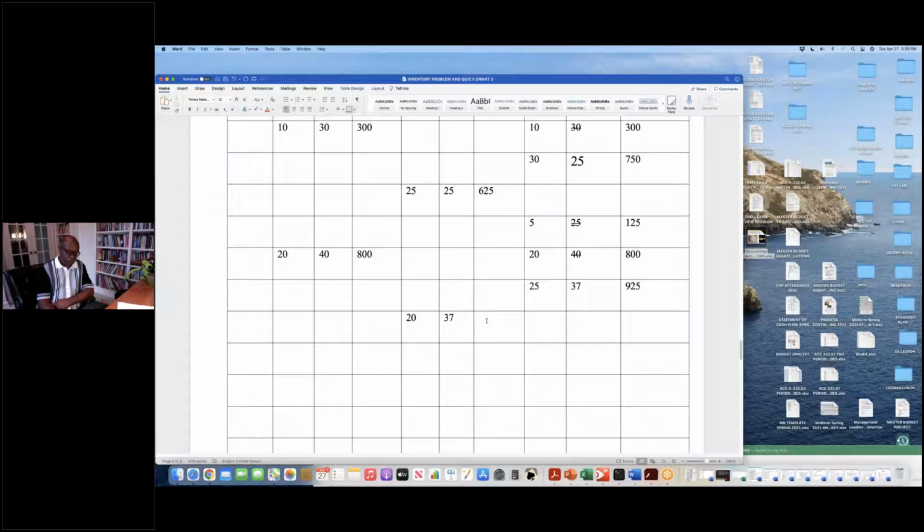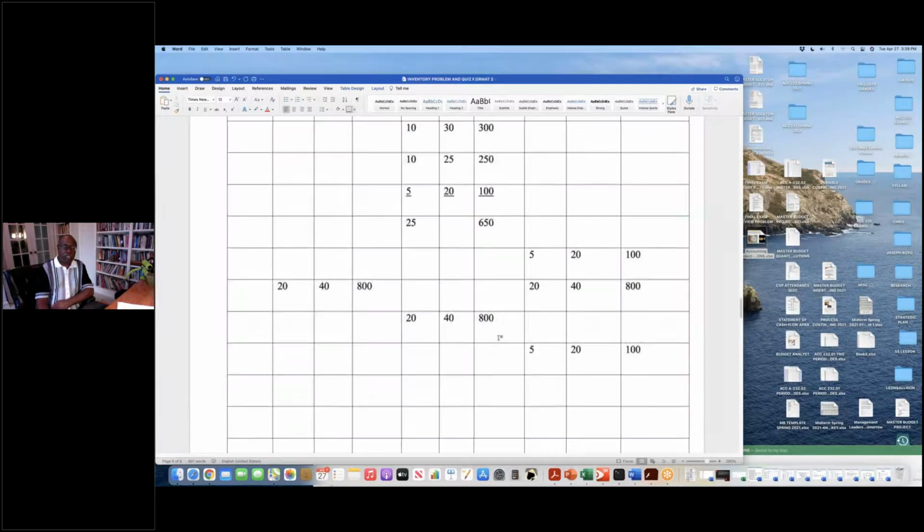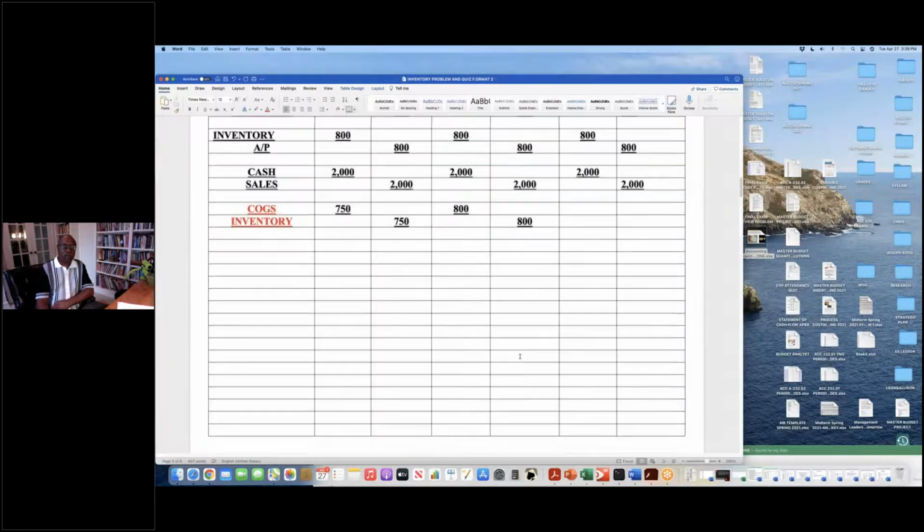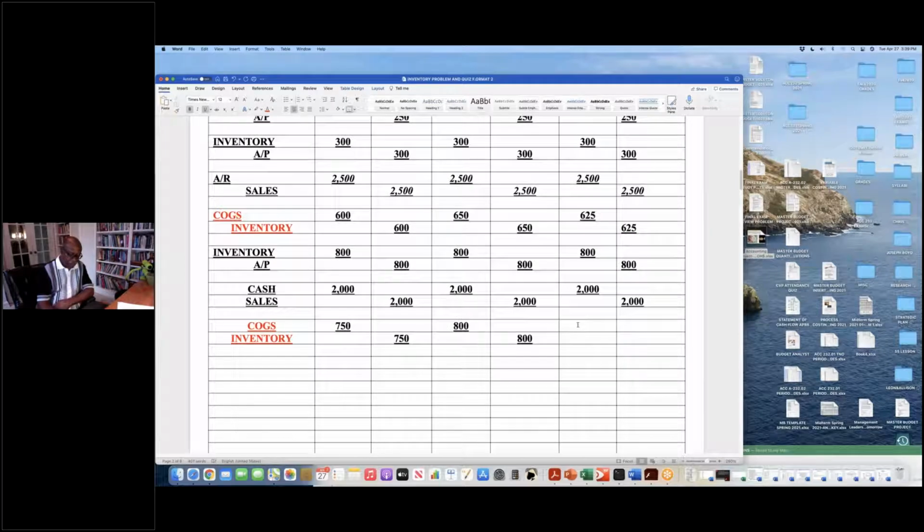It's 740. I keep looking at the wrong number, but I have it boxed. Okay, so then we're still going to have 5 left, but they're going to be in here at 37. So that's going to give us how much left in here? 185. Is that right? Yes, that's what I got. So here's our 740. So in completing the journal entries, 740.